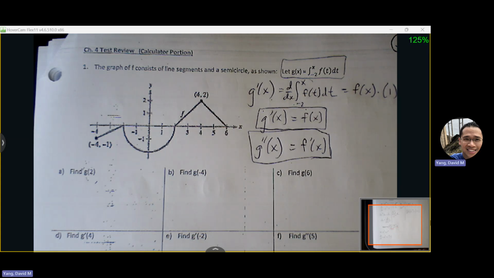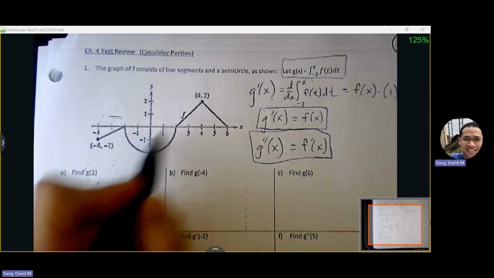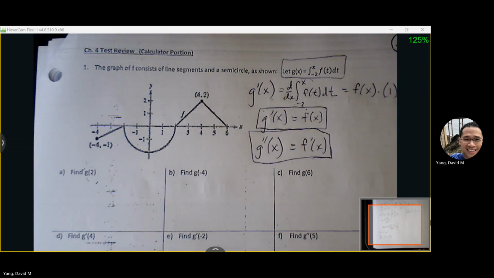So once you have those identified, then let's go ahead and represent the displacement for each of those regions. We know that below the x-axis, we'll have negative displacement. Above the x-axis, we'll have positive displacement. Circle is pi r squared, so therefore semicircle is 1/2 pi r squared.